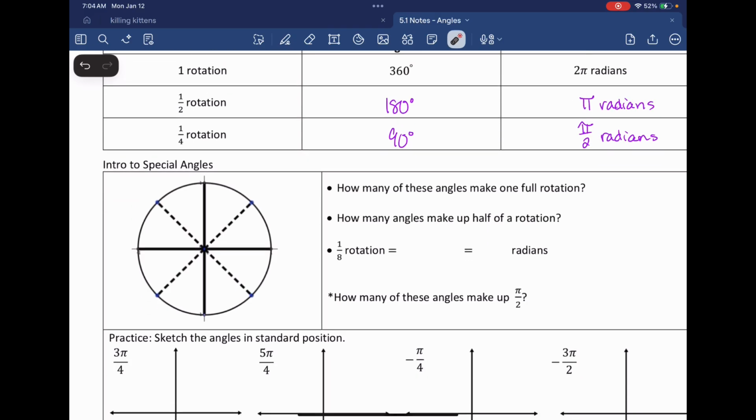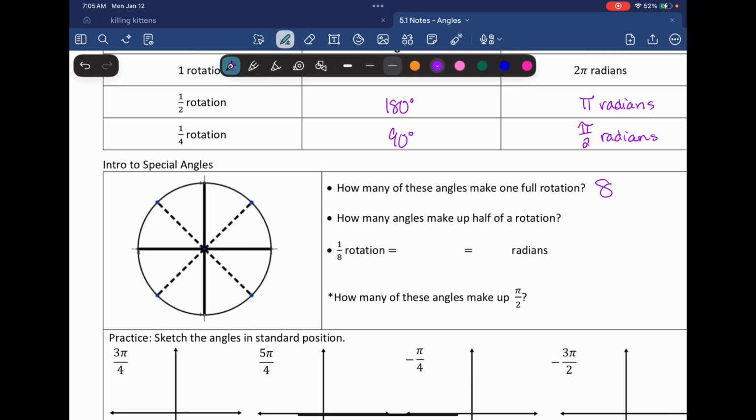So how many of these angles do I have? If we count, we have 1, 2, 3, 4, 5, 6, 7, 8. So it took 8 to make a full rotation. How many make up half a rotation? 4.